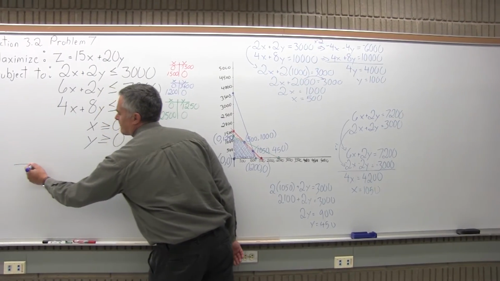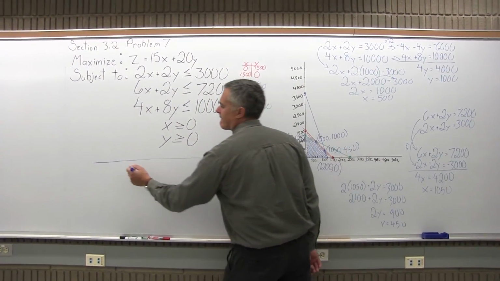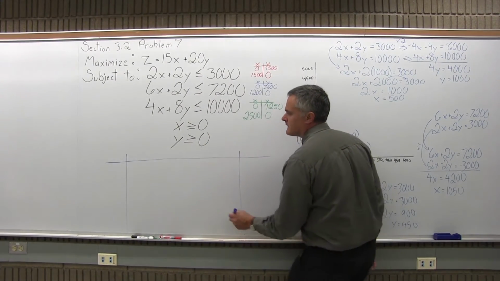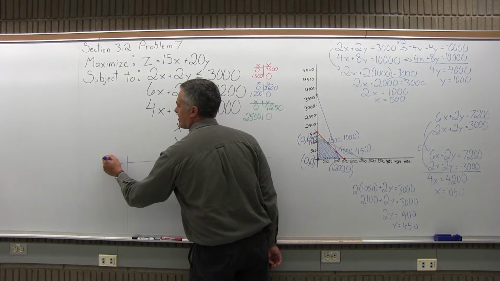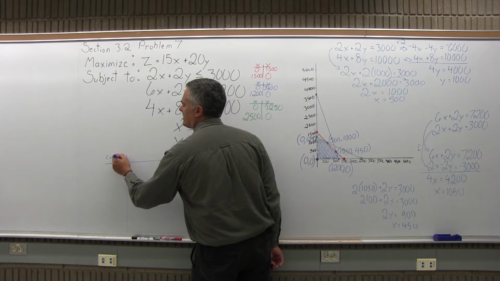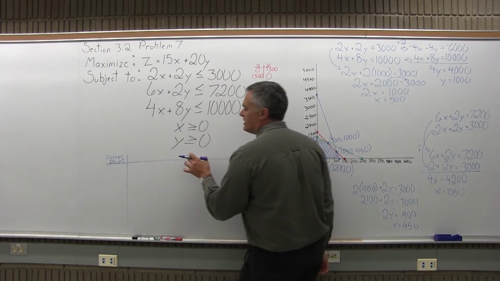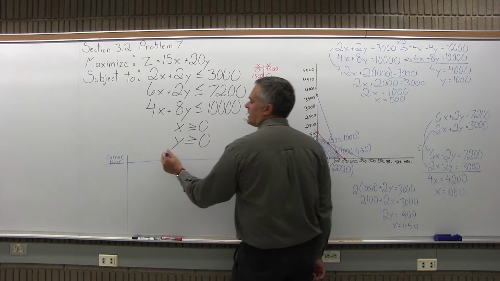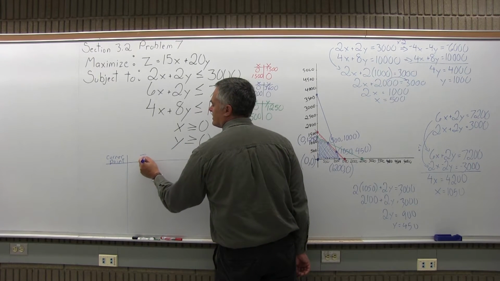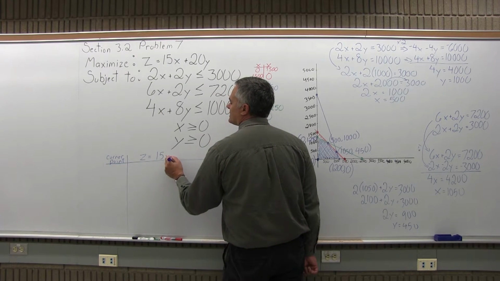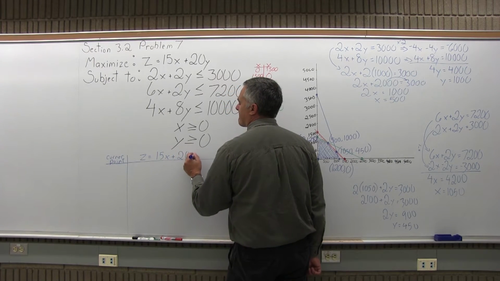In the far left column I typically label corner or corner point. The middle column, which I make wider, I use for my objective function, which for this particular problem is z equals 15x plus 20y.